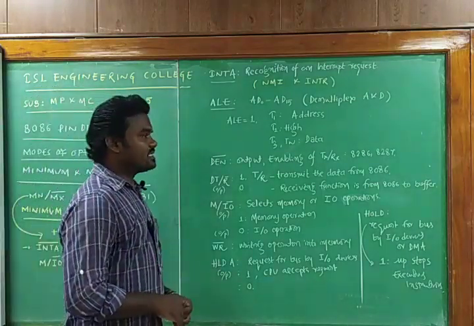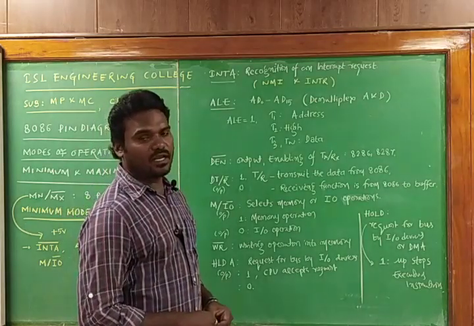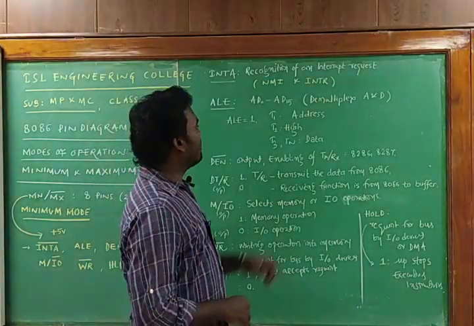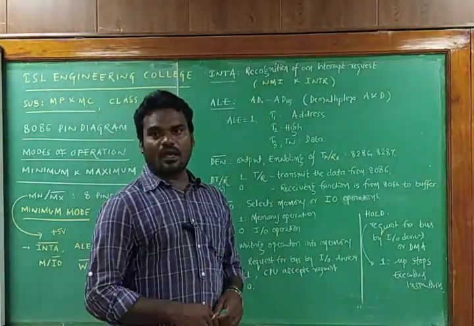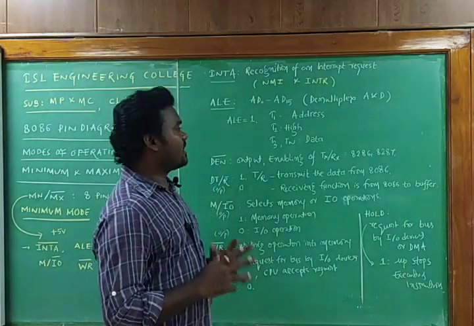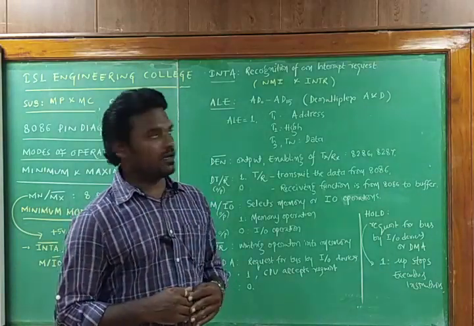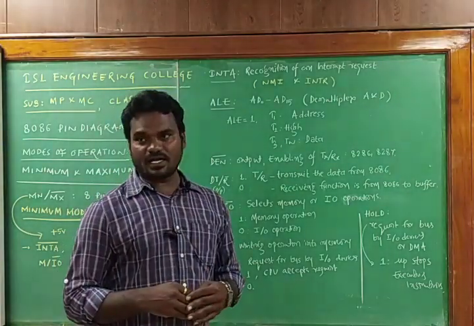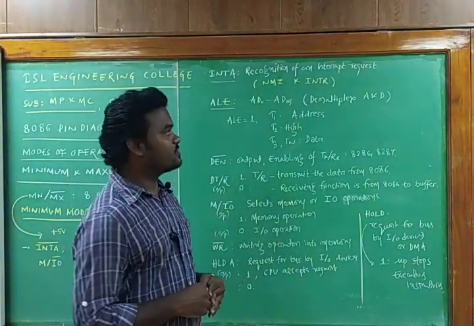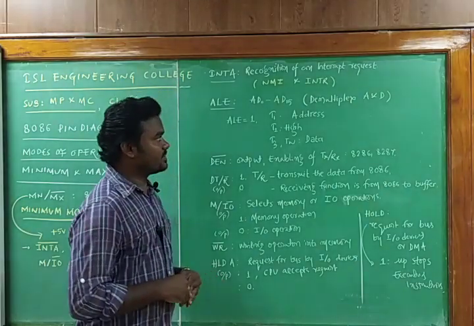Whenever the microprocessor receives an interrupt signal on the non-maskable interrupt pin, it stops all the current processing and accepts that interrupt. It serves that interrupt first, and after that it resumes its old operation.